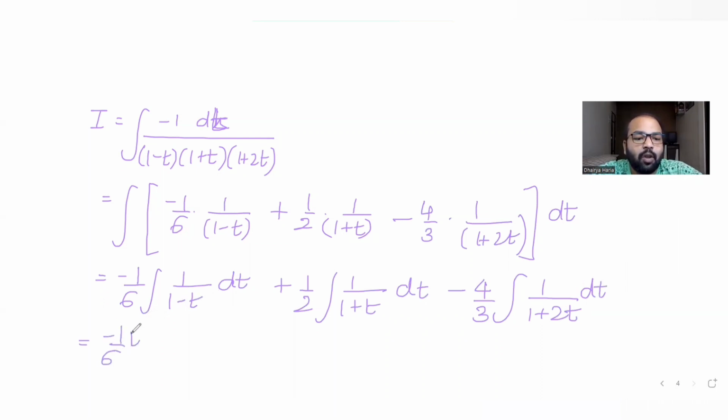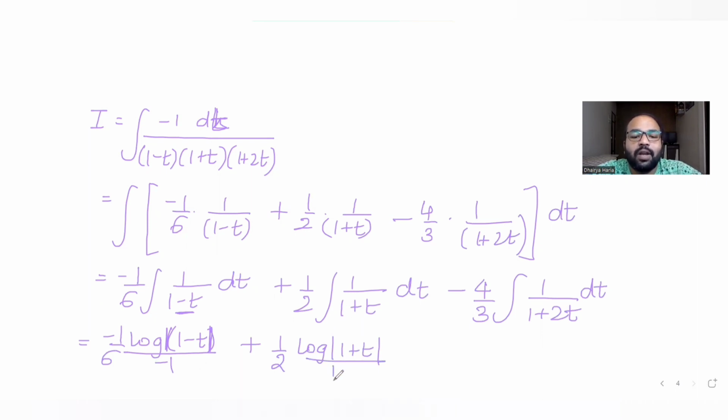Minus 1 by 6 times log of mod of 1 minus t, and since 1 minus t has the coefficient minus 1 for t, we divide by minus 1. Plus half log of mod of 1 plus t.